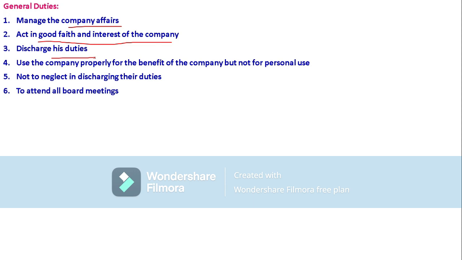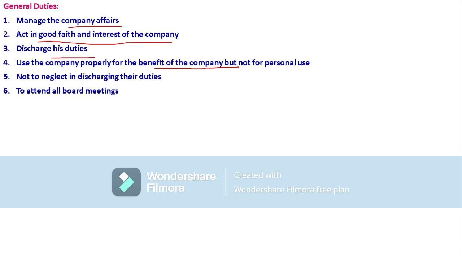Because lakhs of people, thousands of stockholders are associated with the company. Therefore, he should be very careful in discharging his duties, and act very skillfully. Use the company properly for the benefit of the company, but not for personal use. This is a general duty that should be performed by the director.